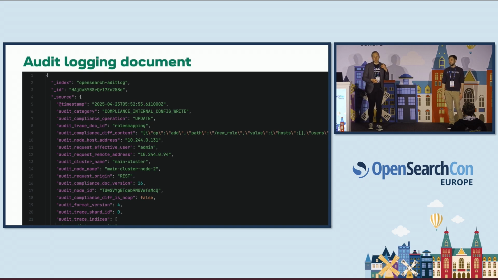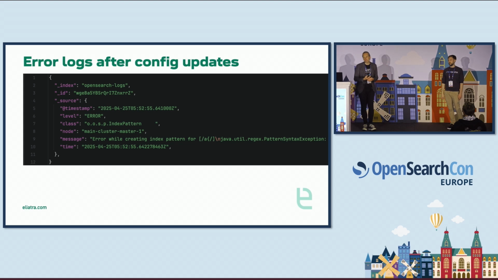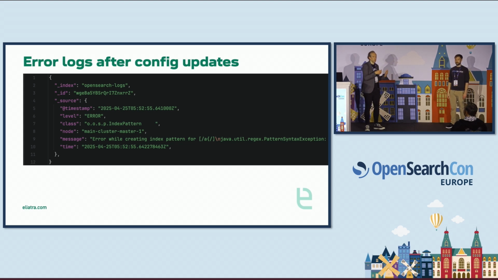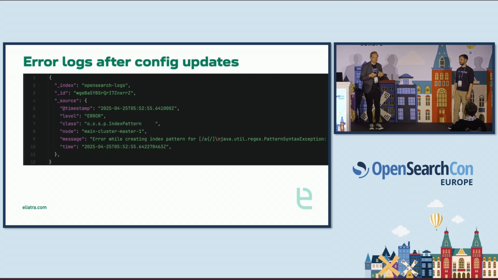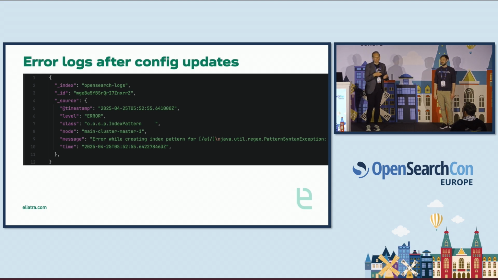But our use case here is to look for errors which occur directly after configuration updates, because errors which occur directly after configuration updates are likely to have something to do with them, and that's why we're interested in it. This is an example of such an error log, and the example itself is not so relevant.